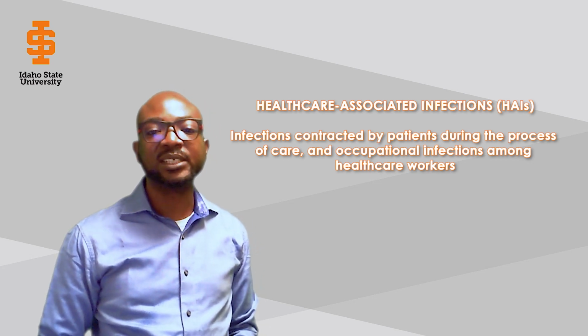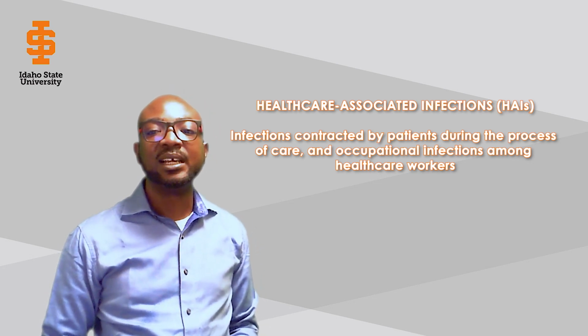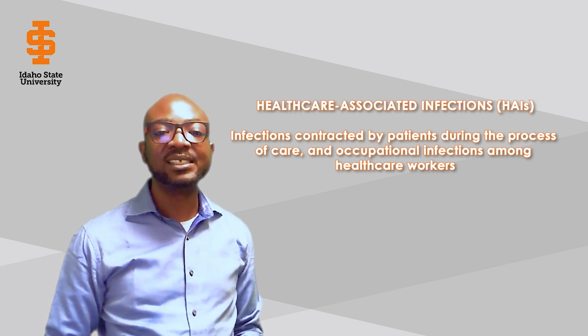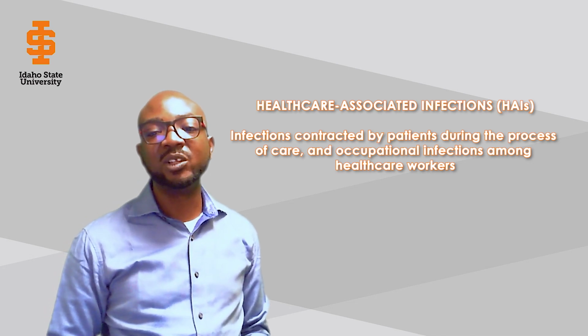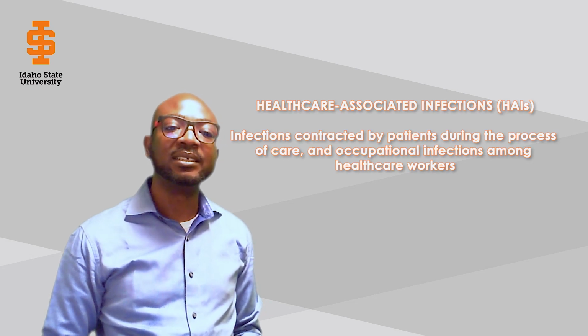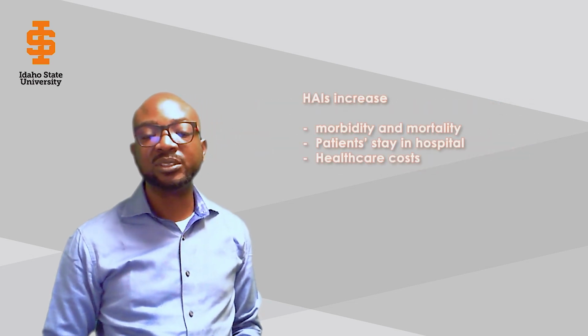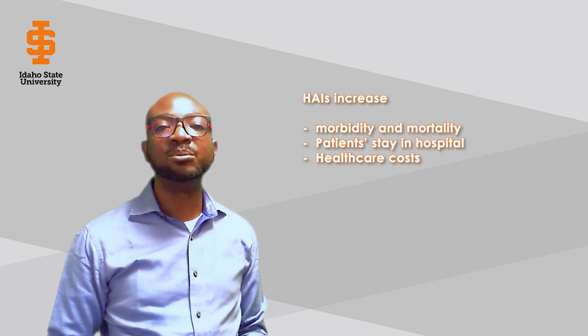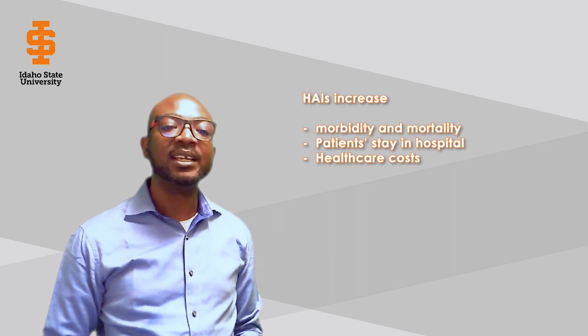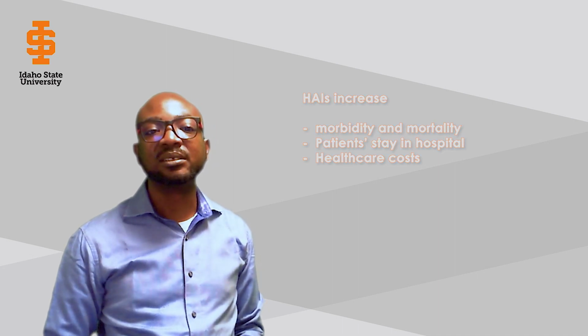Vulnerable patients, such as those in intensive care units and those with invasive devices, are at higher risk of developing an HAI. HAIs contribute to increased morbidity and mortality, length of stay, and healthcare costs. Modern healthcare uses many types of invasive devices and procedures to treat patients and help them recover.